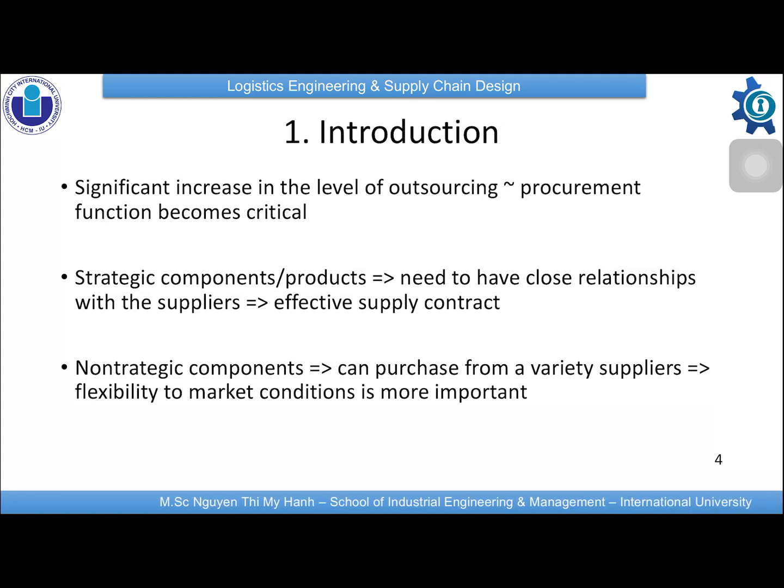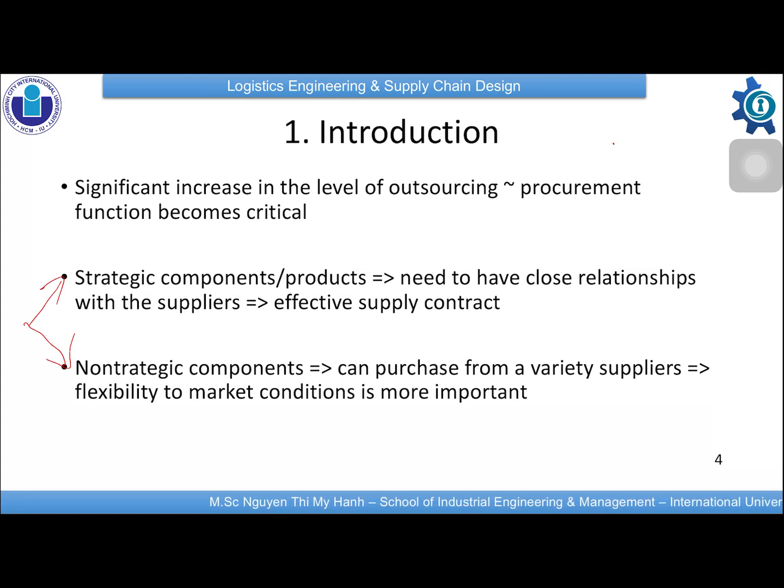When we make the procurement, when we buy the material or products overseas or from another company, we can divide those products or materials into two main groups. The first one is strategic components or products, and the second one is non-strategic components.